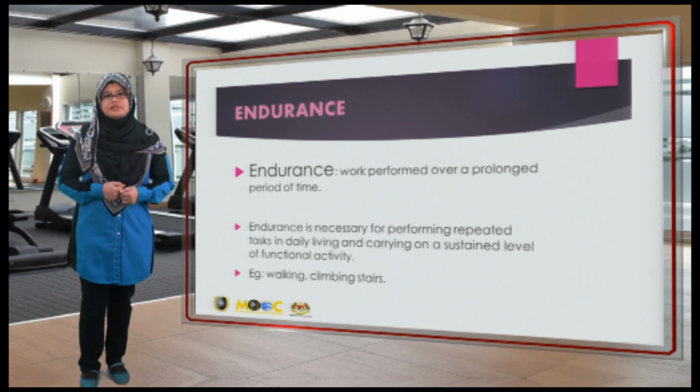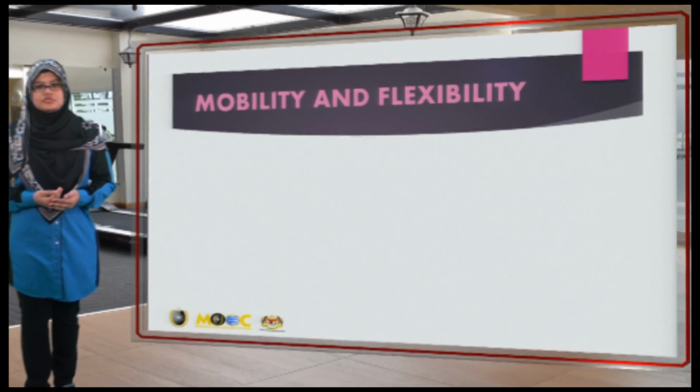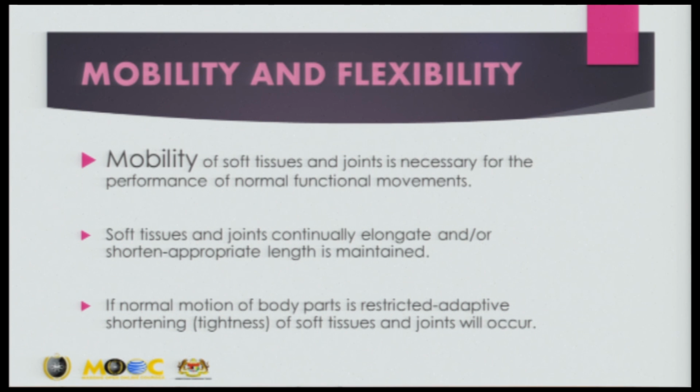Next, we proceed to mobility and flexibility. Mobility of soft tissues and joints is necessary for the performance of normal functional movements. Soft tissue and joints continually elongate and or shorten so that appropriate length is maintained. If normal motion of body parts is restricted due to injuries or disease, adaptive shortening of soft tissues and joints will occur.